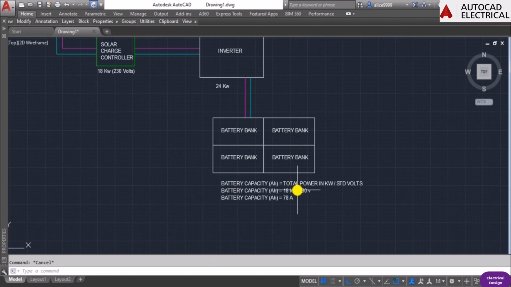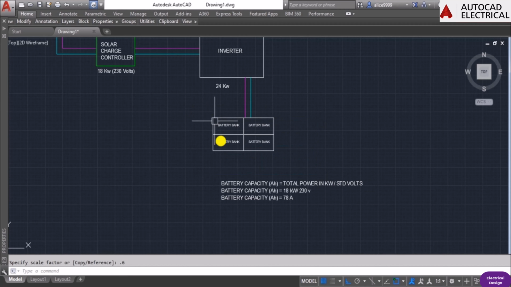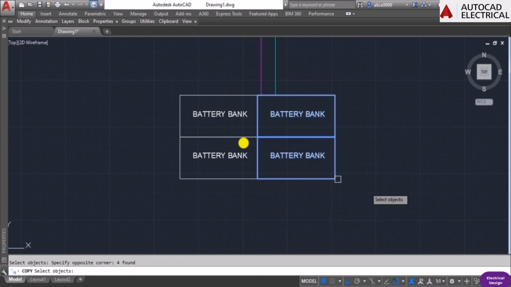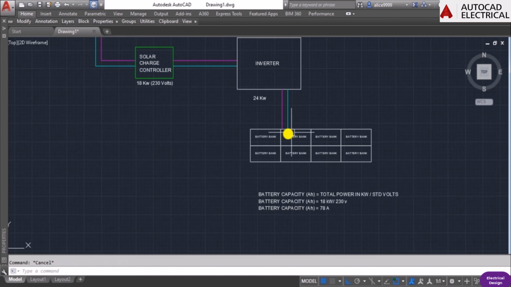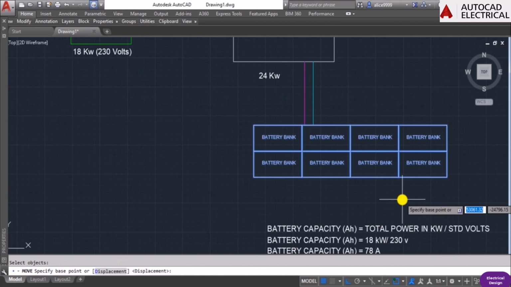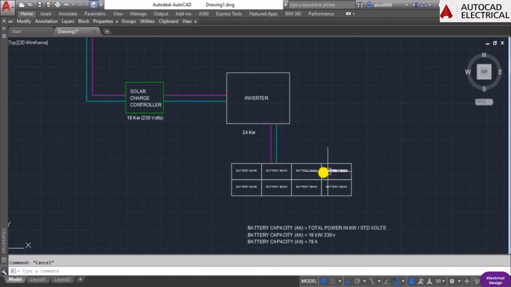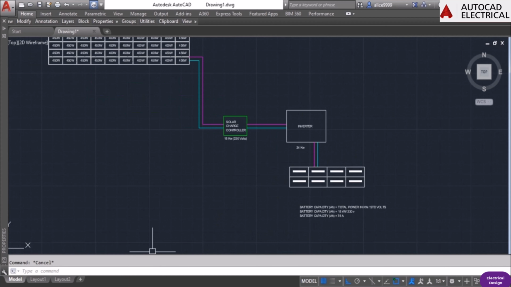For example, if we require a total of 8 hours or 12 hours, the number of batteries will be 12 or 8 accordingly. So here I will design a total of 8 batteries, which give the power to the entire appliances.